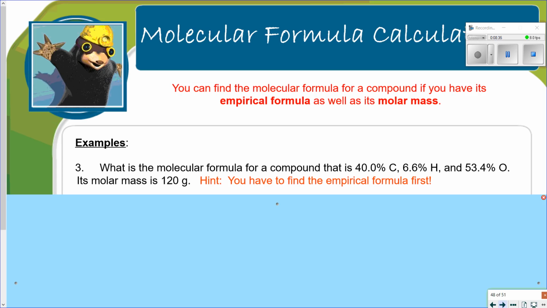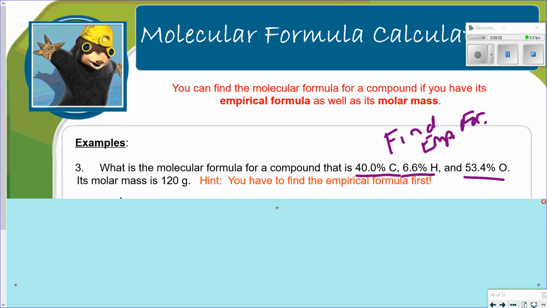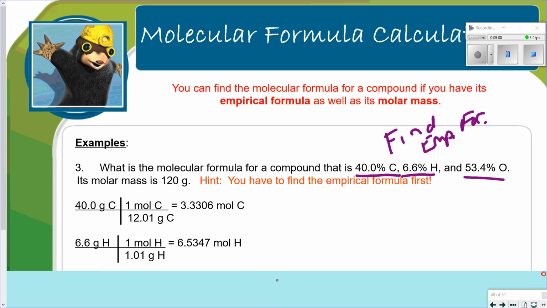Now we're going to connect the two. So this one says, what is the molecular formula for a compound that is 40% carbon, 6.6% hydrogen, and 53.4% oxygen? So in this case, they don't give you the empirical formula. So guess what you're first going to have to do is find the empirical formula. And that's what I showed you to do earlier in the video. So you're going to convert to moles.